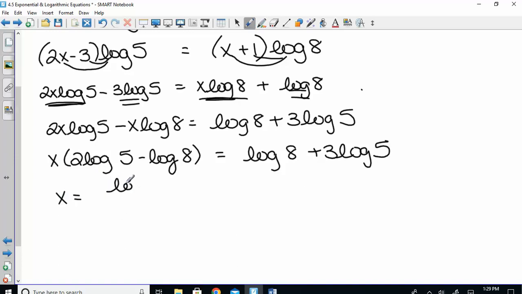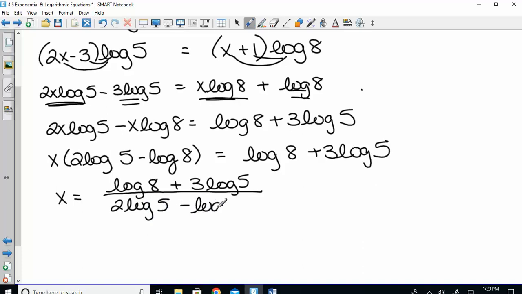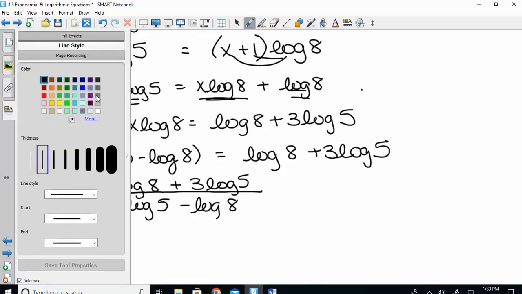So I get log 8 plus 3 log 5 divided by 2 log 5 minus log 8. All right. The other problem that I see with this is putting it in the calculator.